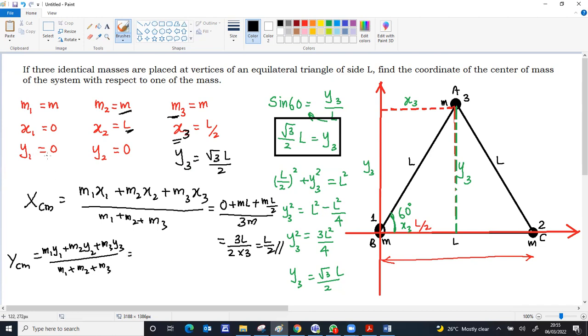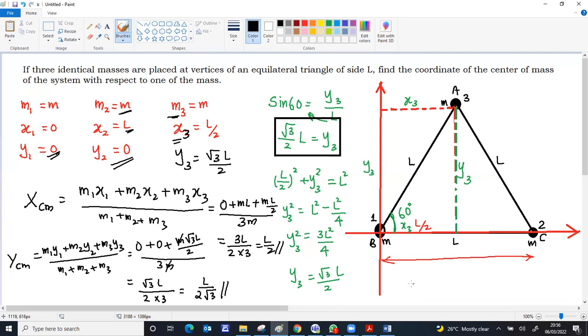So m1 y1 is 0, m2 y2 is also 0, plus m3 is m, y3 is root 3 L by 2, whole divided by 3m. The m gets cut. Root 3 L by 2 into, again, 3 in the denominator. So the root 3 and 3 get cut, and root 3 will remain in the denominator.